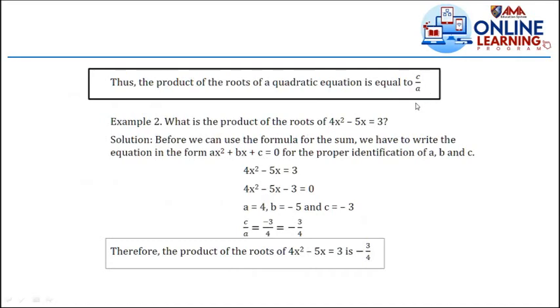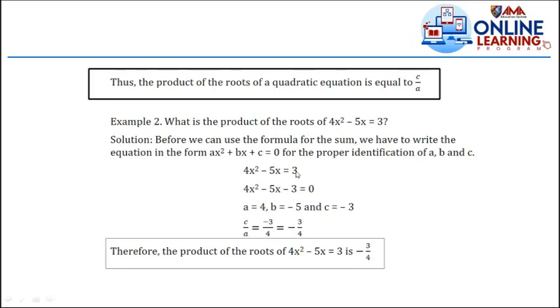So we have your example. What is the product of the roots of 4x squared minus 5x is equal to 3? Solution, before we can use the formula, we have to write the equation in the form ax squared plus bx plus constant is equal to 0, for the proper identification of a, b, and c. 4x squared minus 5x is equal to 3.